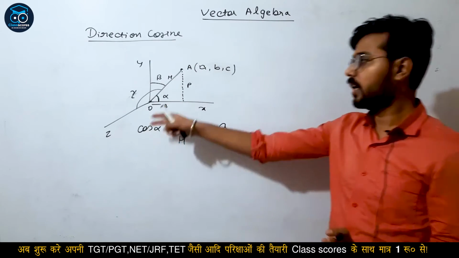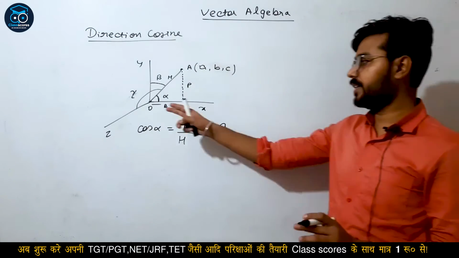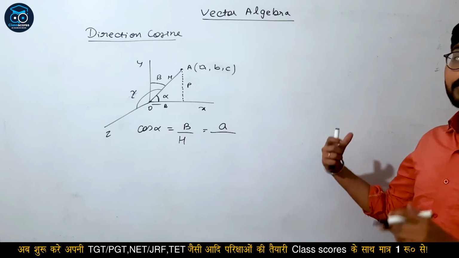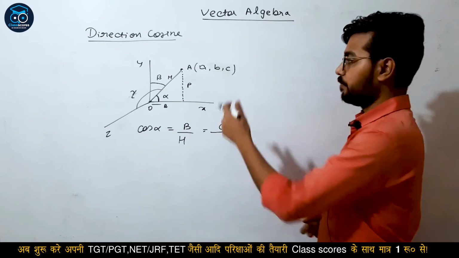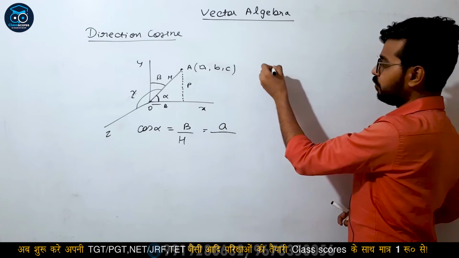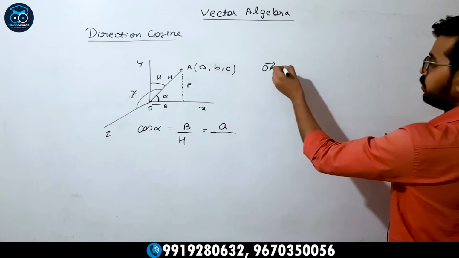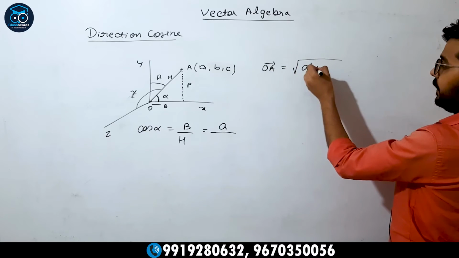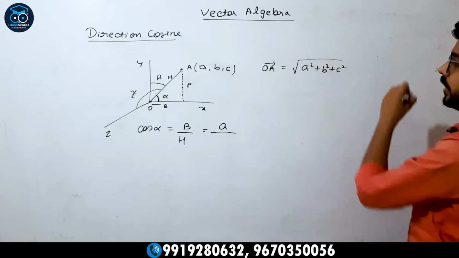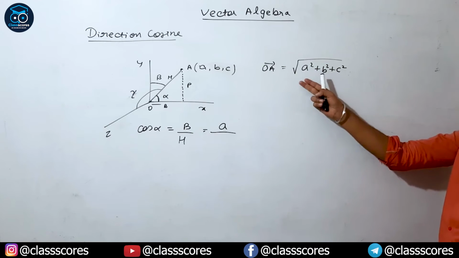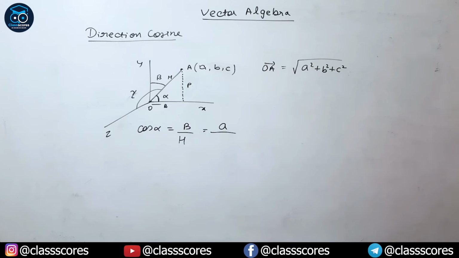How can we find the length of the hypotenuse? We already learned about magnitude. The magnitude of OA represents the hypotenuse of the given line. So the magnitude is the square root of a square plus b square plus c square. This is the length of OA, or the length of the hypotenuse.